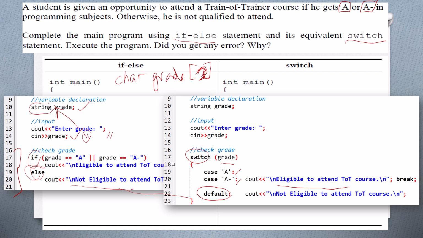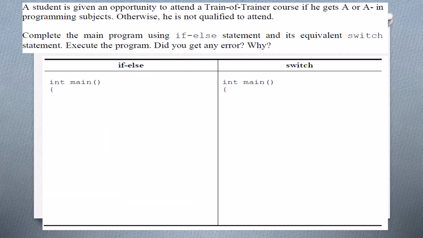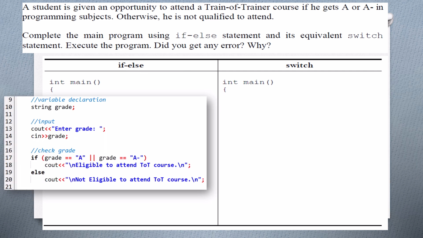All right, now time to execute this program. Let us take a look at the program that uses if else. If you execute this program, you will get the output depending on the input given by the user.